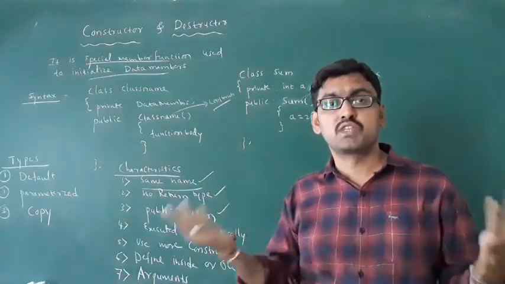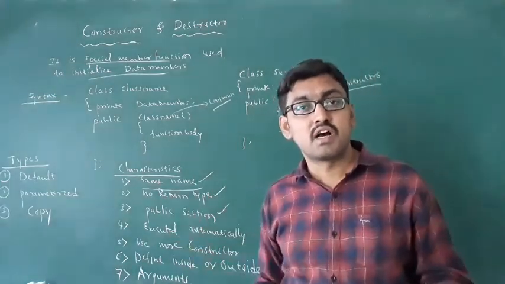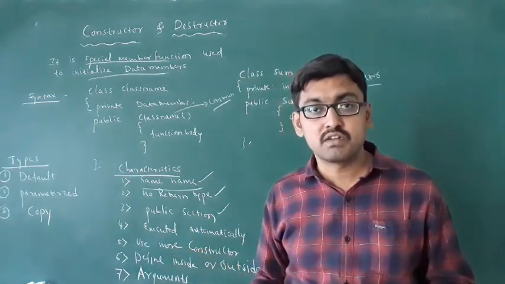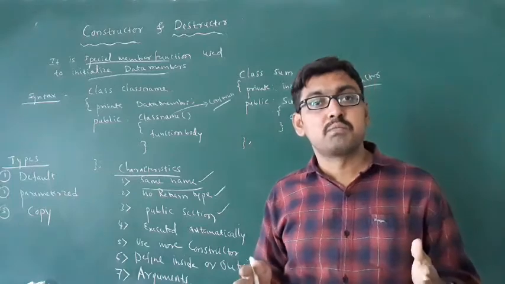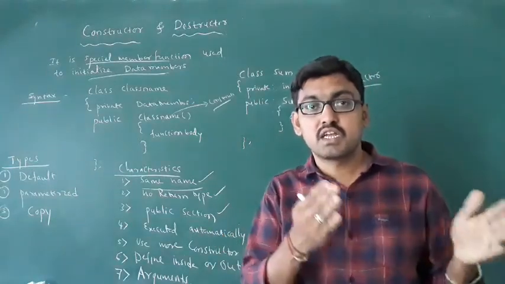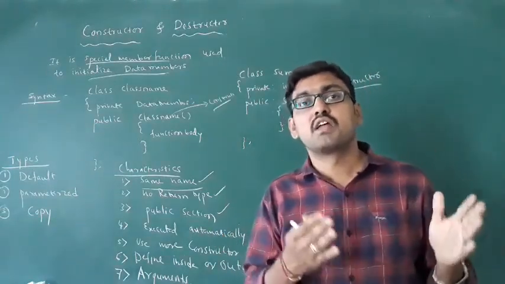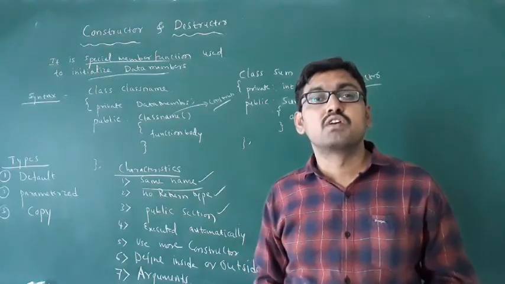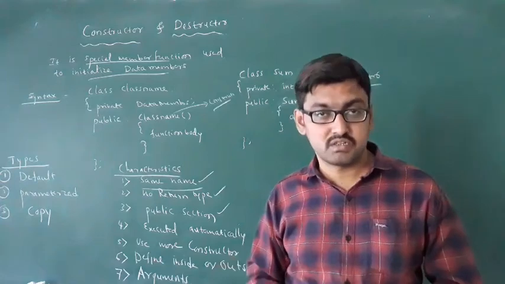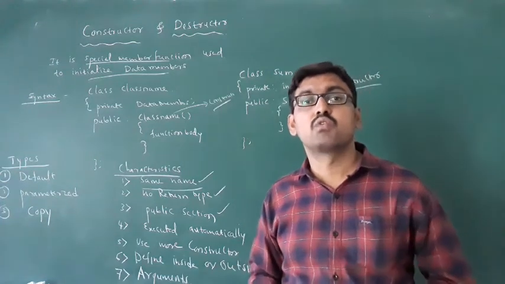You know that member functions are always declared in the public section. A constructor is also a member function, but the difference is that for member functions we use a return type, while here we are not using a return type in a constructor. Okay, this you have to remember.